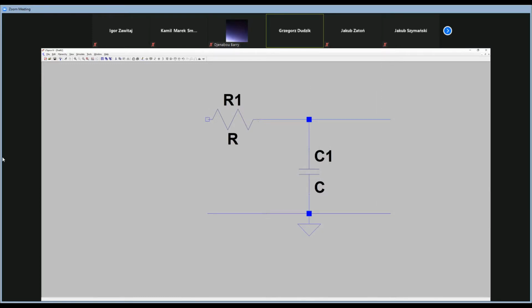This is our output signal. Let's put it here with some value of 100 ohms.